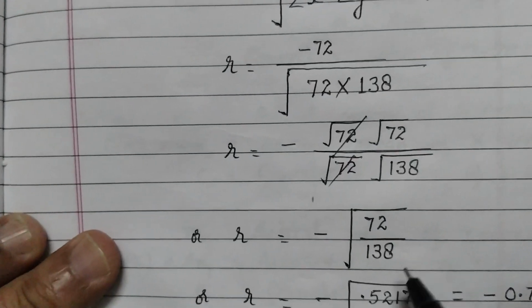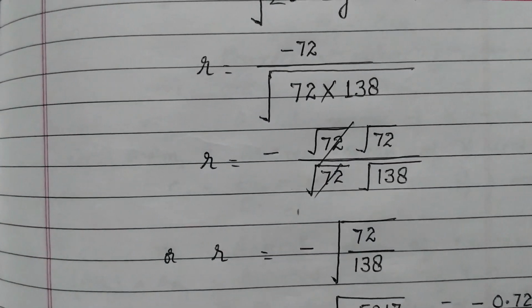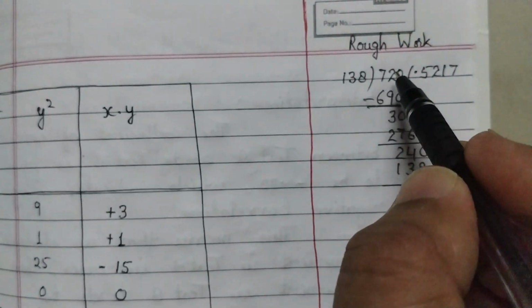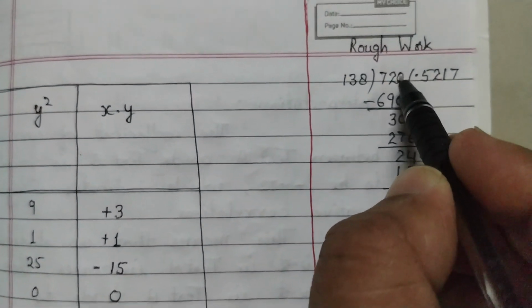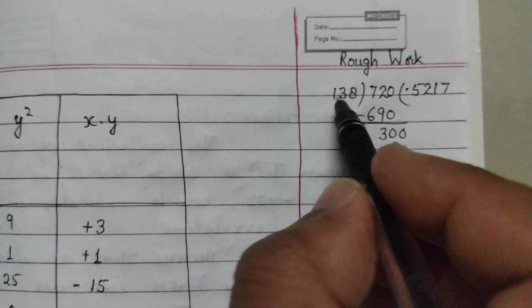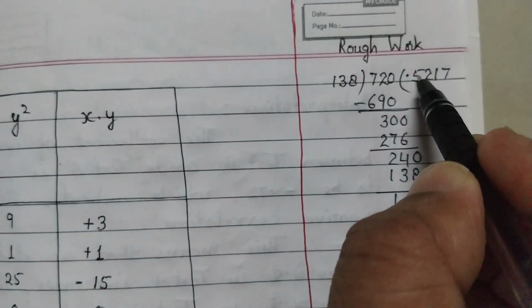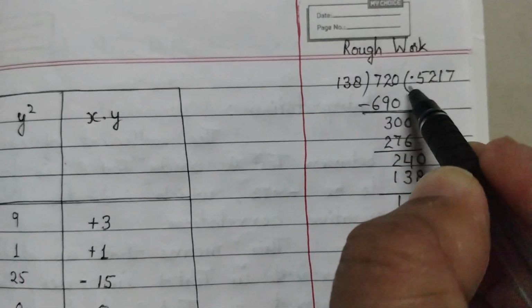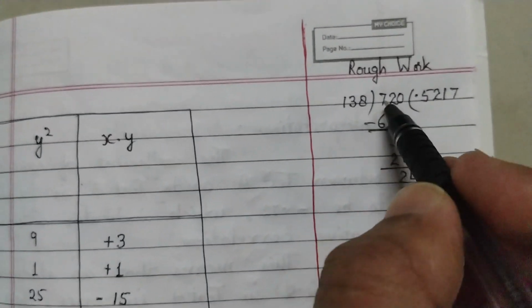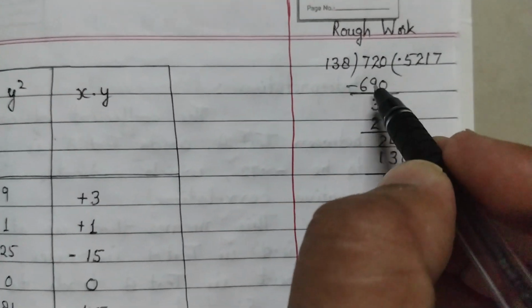So 72 upon 138, which I have calculated at the top here, right most, dividing 72 by 138, putting decimal, put 10, and now 138 5 times gives us 690. 5 8s are 40, carry 4, 5 3s are 15 plus 4 is 19, 5 1s are 5 1 6.